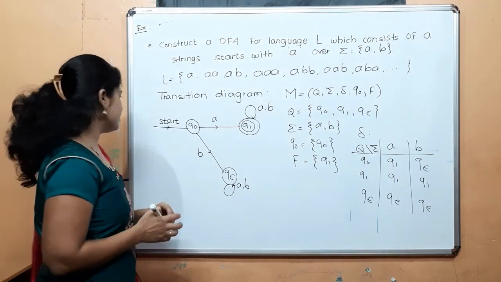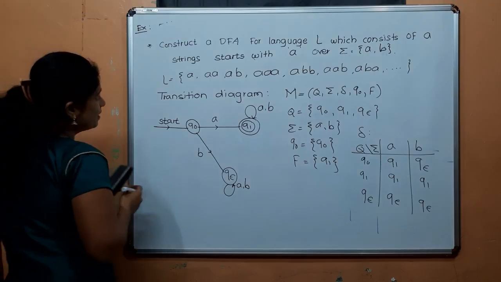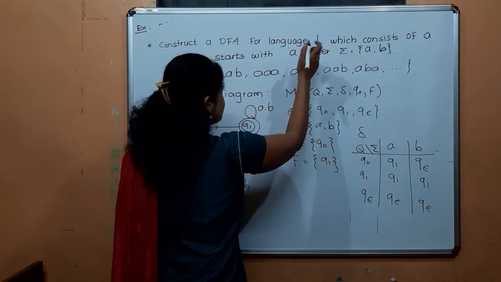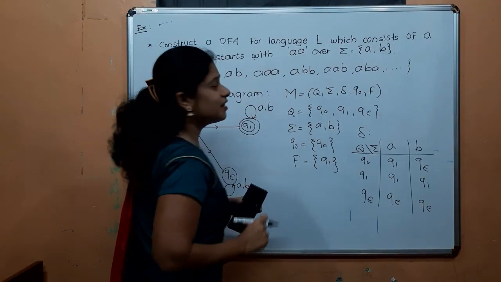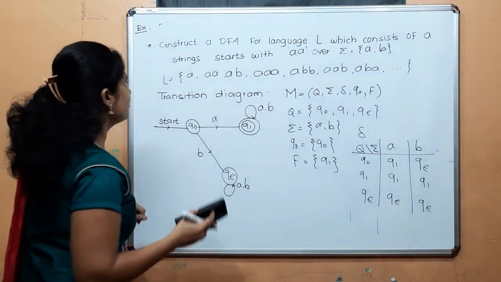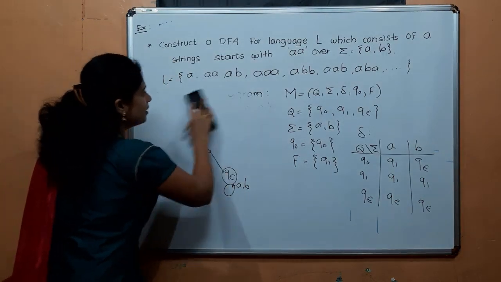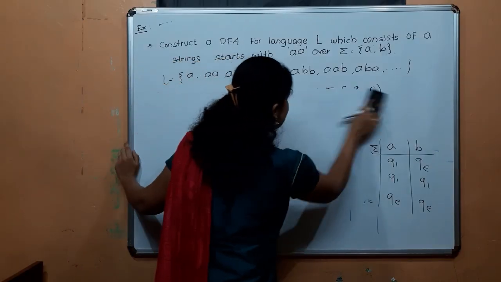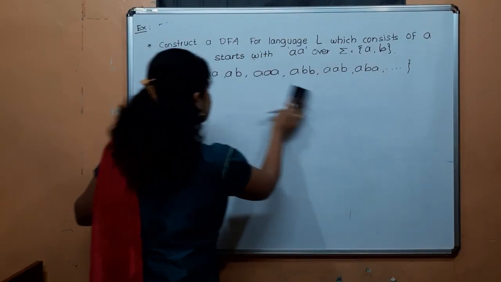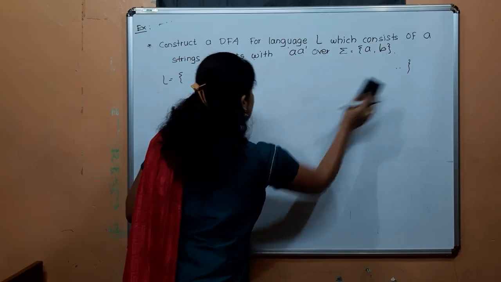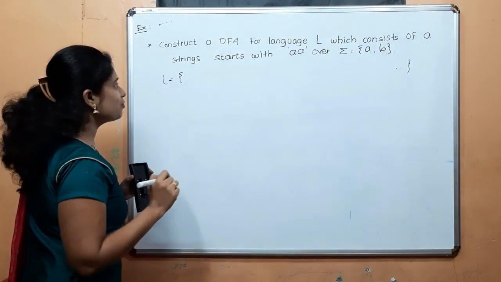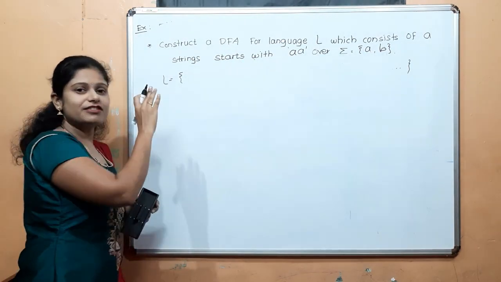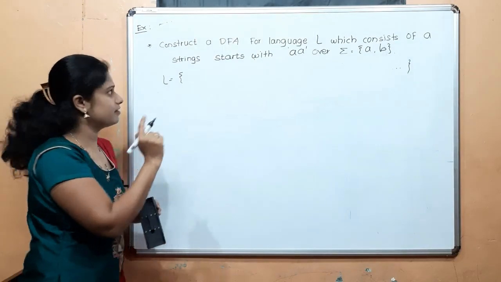Okay. Now we see the next example. The string starts with AA, double symbol, over {A, B}. Here we can write the language as follows. One most important thing is that the language contains only valid strings.